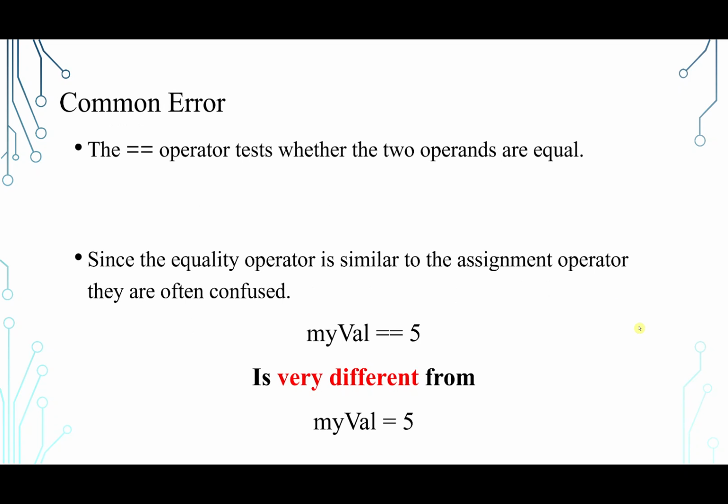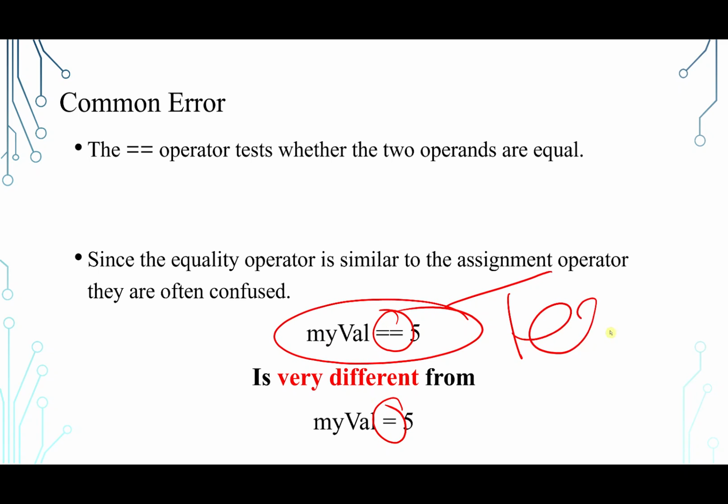Okay, common error. When you use double equal, it tests whether the two operands are equal. But when you use a single equal, you assign a value to a variable. Since the equality operator is similar to the assignment operator, you have to be aware of which you use. This one is a test: is my val equal to 5?